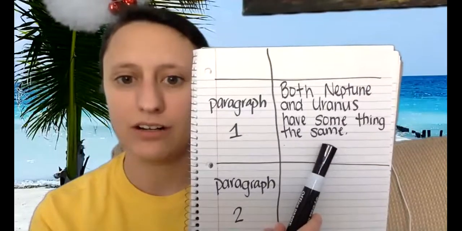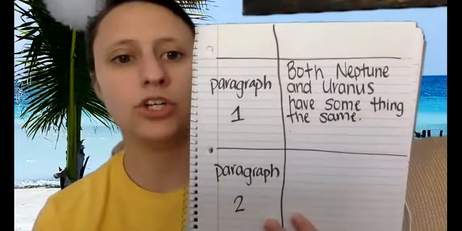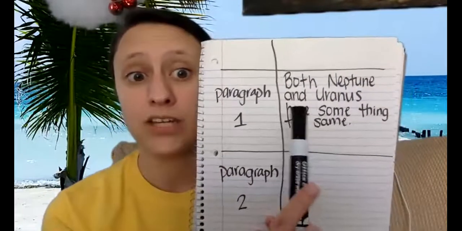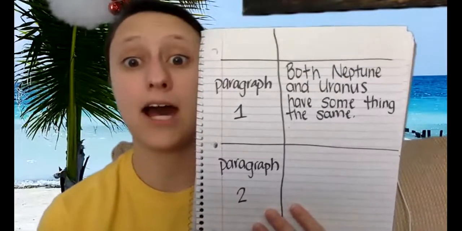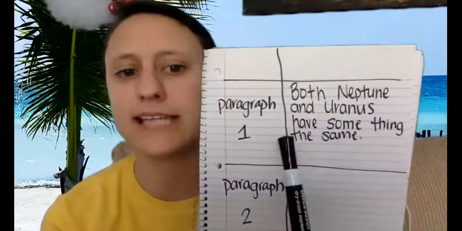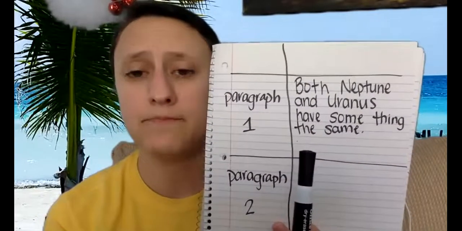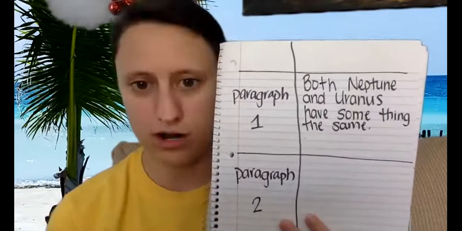This right here is just your notes. This is for nobody else. So you could say paragraph 1 is talking about how the planets are the same. It does not have to be exactly what I wrote. Okay, let's give an example right here of how they are the same.